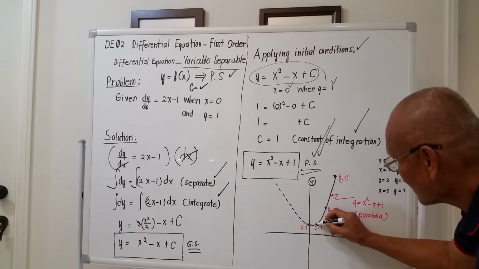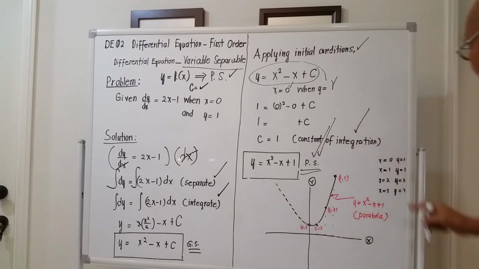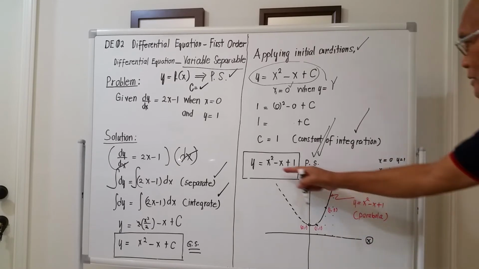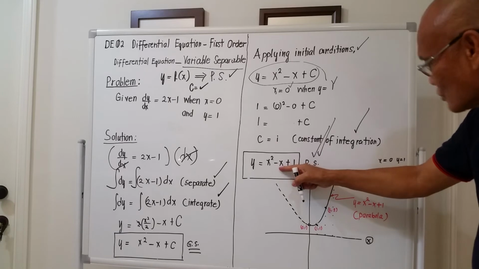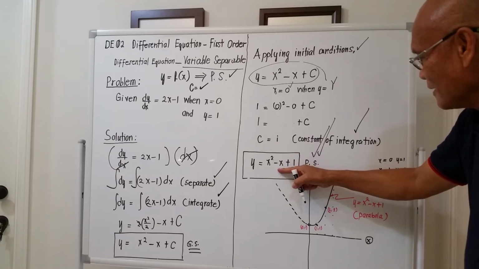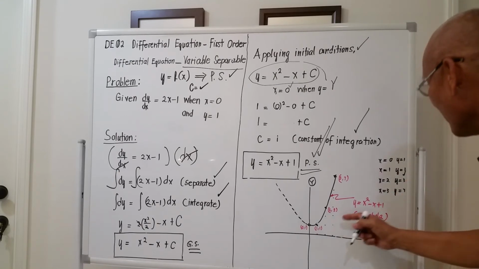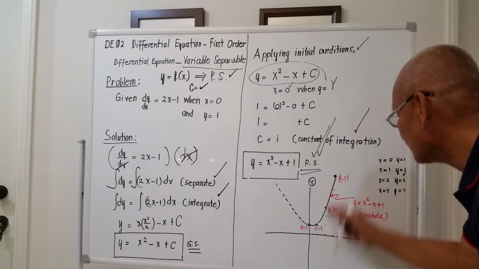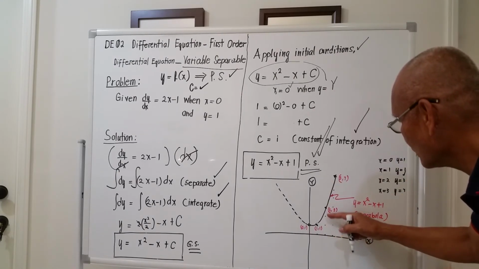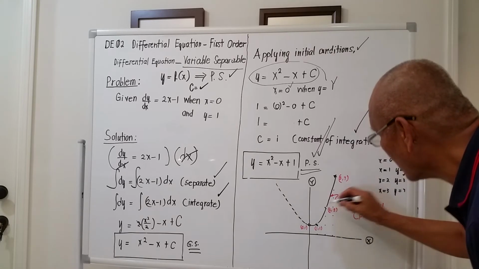It is this point here. Okay? When x is 2, 2 squared is 4 minus 2 is 2 plus 1, y is actually equal to 3. When x is 2, y is 3. 1, 2, 3. It is this point.